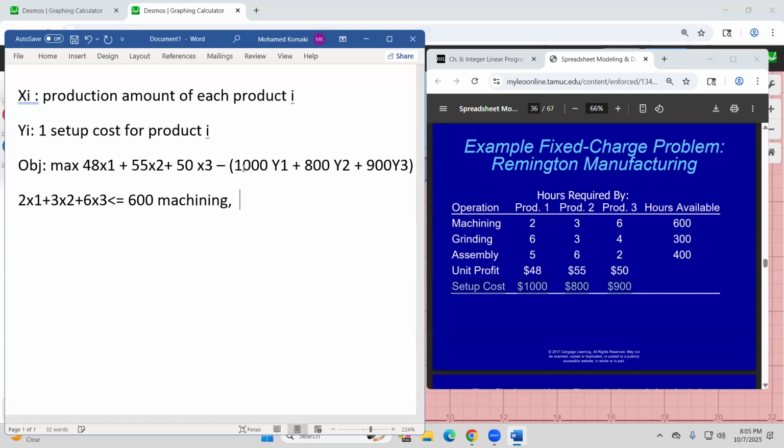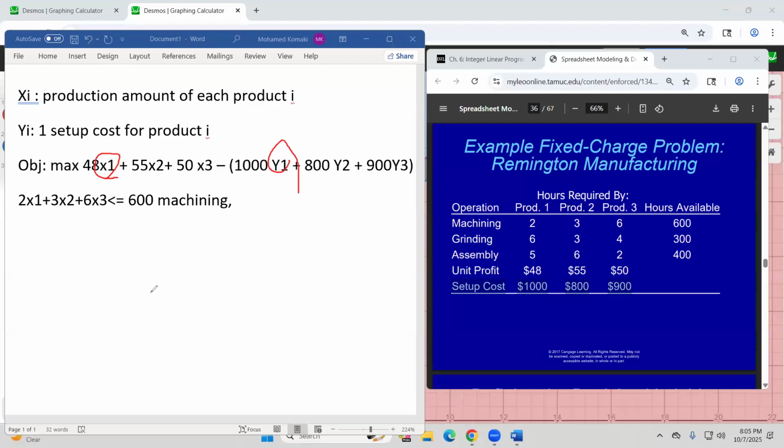All right. Now, how can I say, let's say I want to produce y1. So there is a connection between x1 and y1, right? If I do some investment on y1, then x1 should be positive. But if y1 is 0, the value of x1 should be 0 too, right?